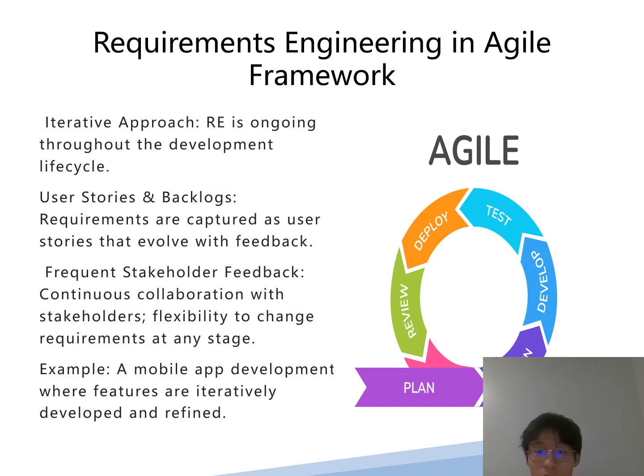In Agile, requirements are constantly revisited and refined throughout the development lifecycle. There is no complete requirements phase as there is in Waterfall. Instead, requirements evolve through iterative cycles of feedback and refinement, and requirements are captured as user stories, which focus on the needs of the end user.